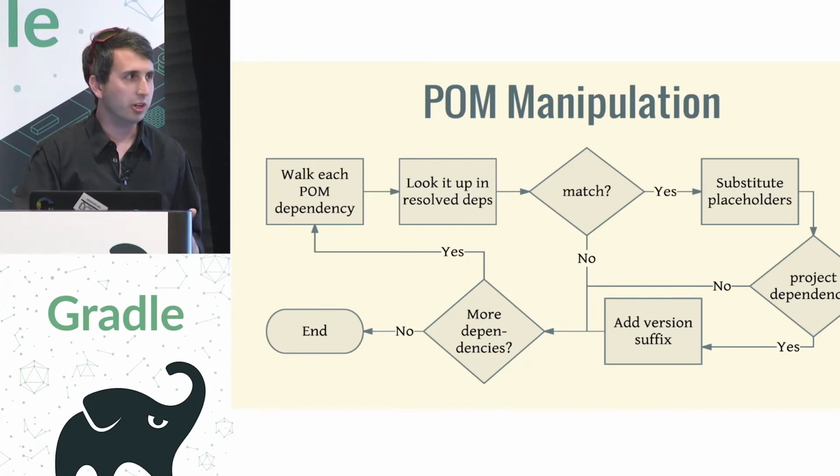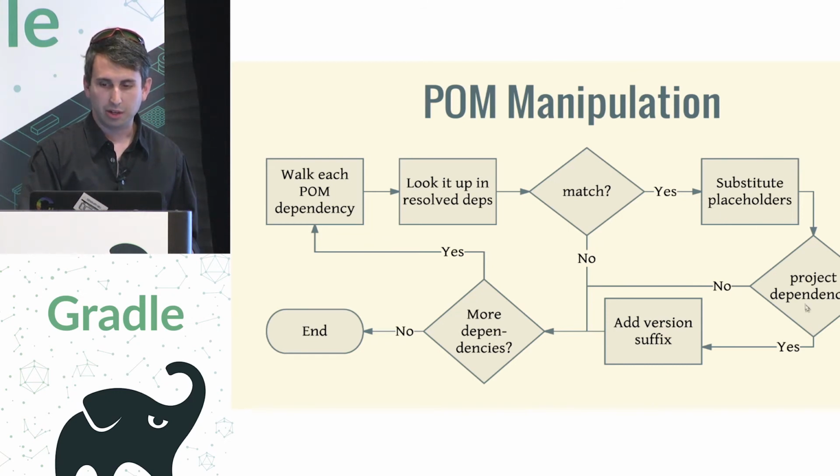Manipulating the POM was an interesting exercise. Again, fortunately, I was able to steal a lot of inspiration from the Nebula plugin. But this is the basic process I'm going through. I'm walking through each dependency in the POM file, looking it up in the resolved dependencies from Gradle. And if there's a match, then I substitute the placeholders.